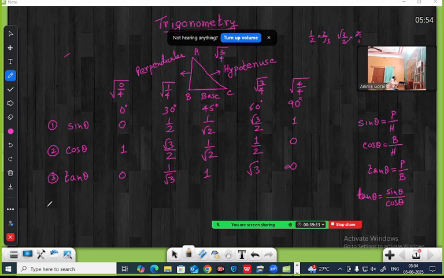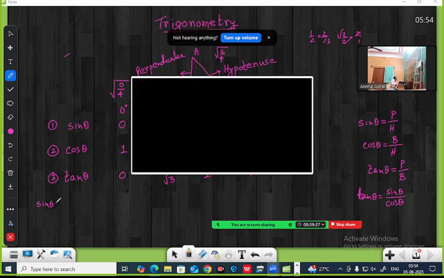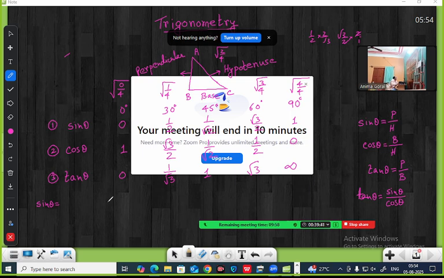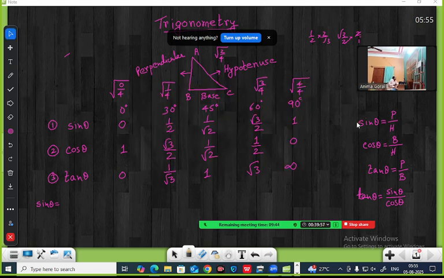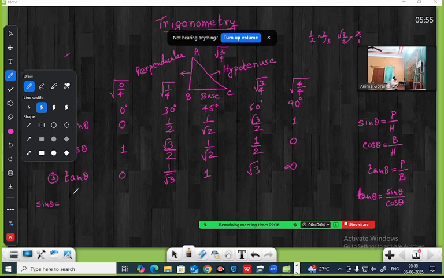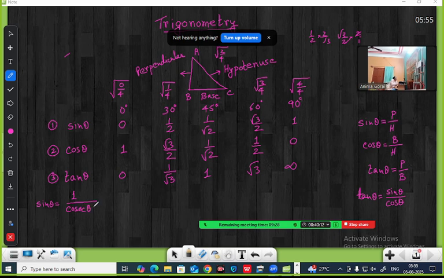And we know that sin theta is equal to 1 by cosec theta, and cos theta equal to 1 by sec theta, and tan theta equal to 1 by cot theta.